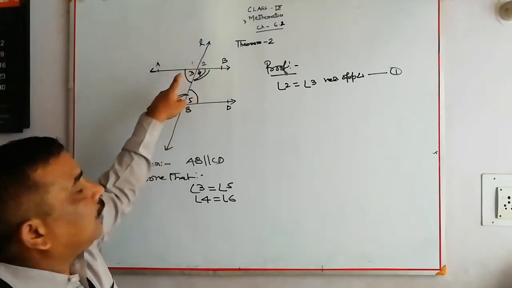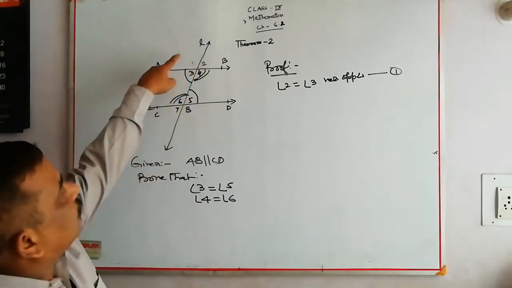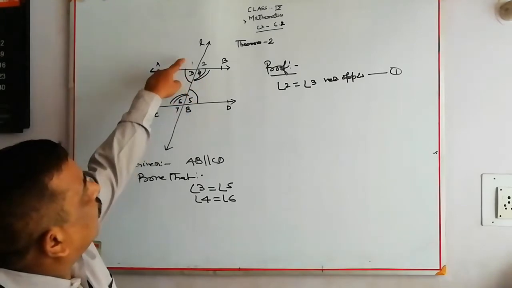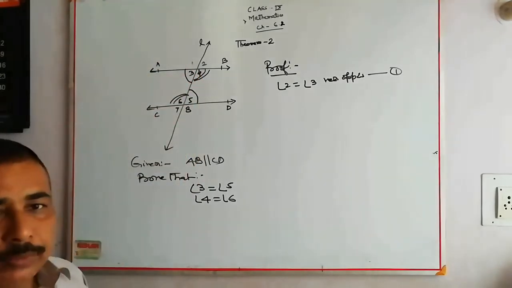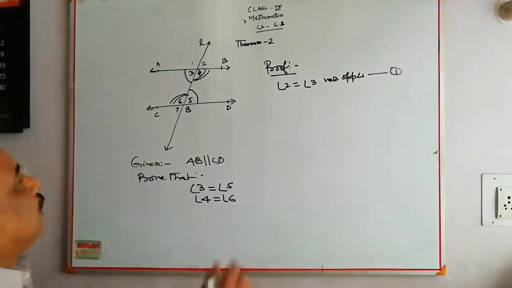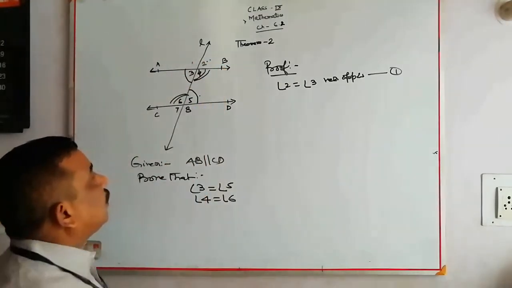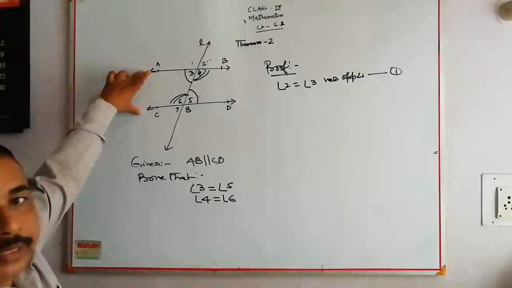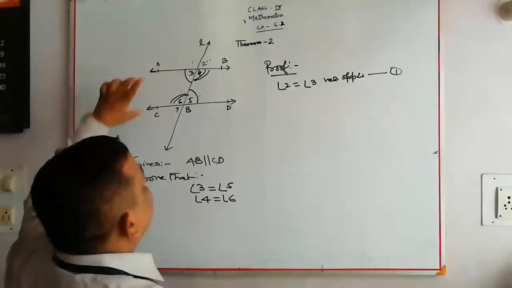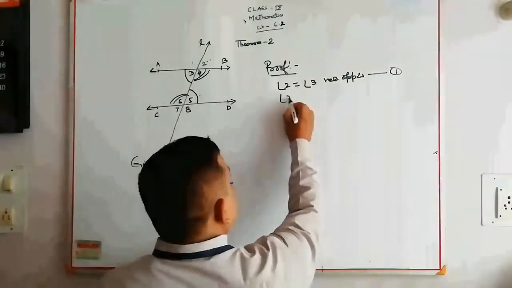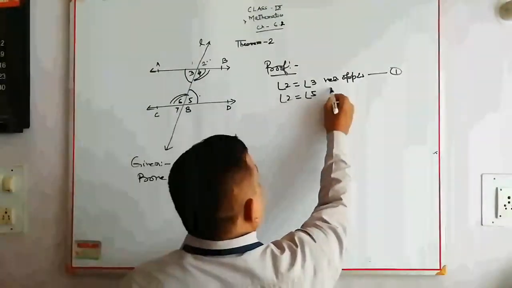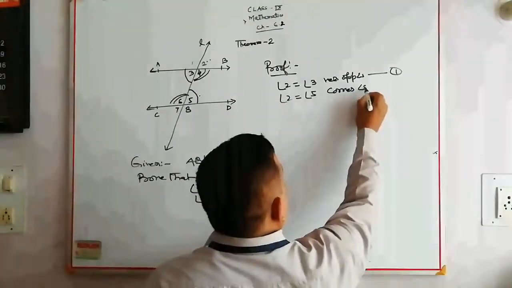Angle 2 and angle 3 are vertically opposite angles. Similarly, angle 1 and angle 4 are vertically opposite angles. Then angle 2 and angle 5 are the corresponding angles. Why? Because AB and CD are two parallel lines. Then you write angle 2 is equal to angle 5. These are the corresponding angles.